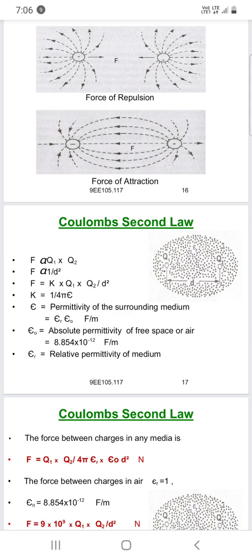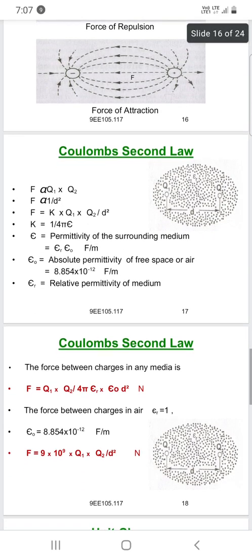The force exerted between them is called the attraction force. So the force exerted between two like charges is called the repulsion force, and the force exerted between two unlike charges is called the attraction force.